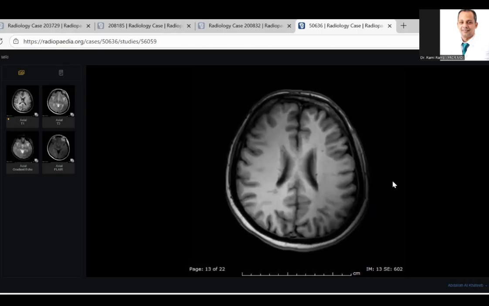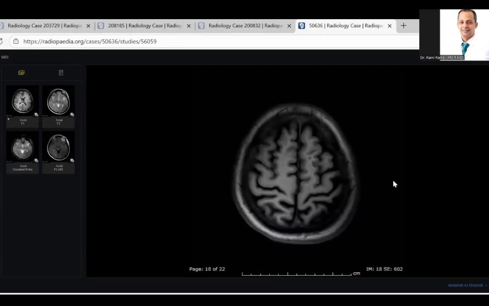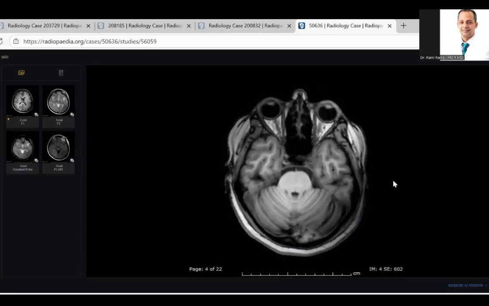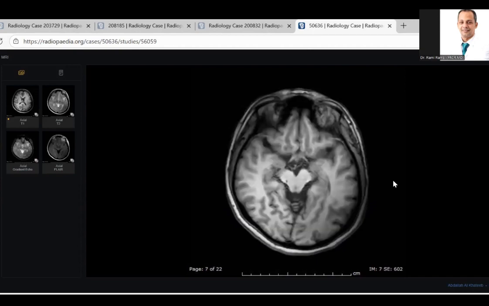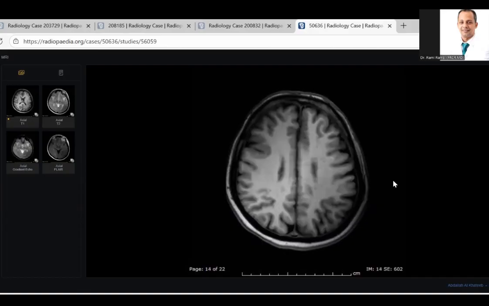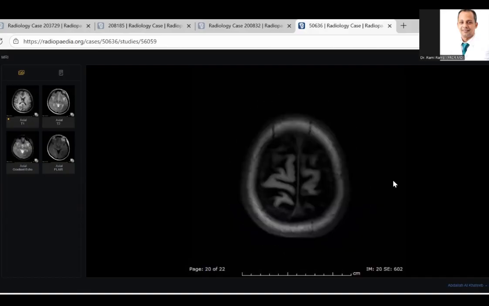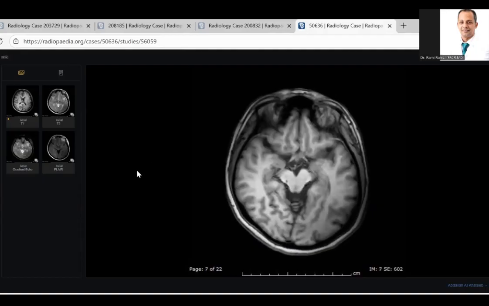I didn't see any obvious abnormality within this sequence. I want to also review the axial T2 sequence for this patient.